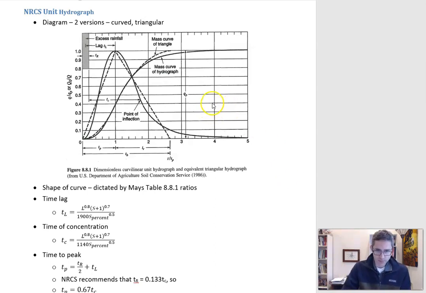So if you want to do the curvilinear method, you can look at table 8.8.1 in your book.